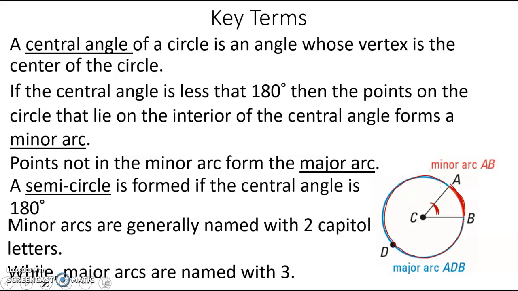You would have to use 3 letters. So this would be, let's change colors, this purple arc would be BDA or ADB, but you would have to use 3 letters for any arc that is 180 degrees or bigger.